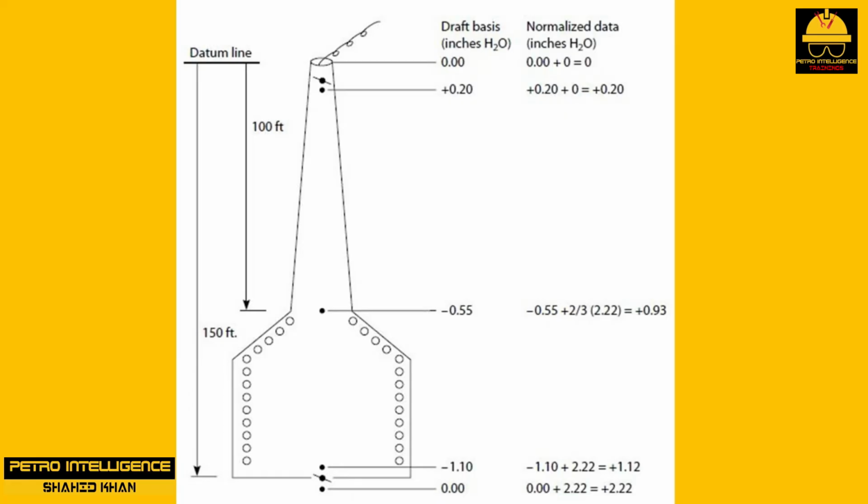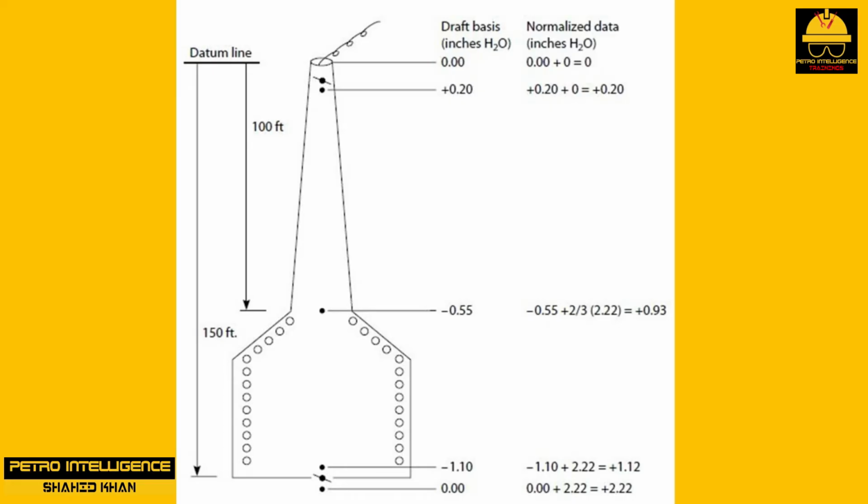Notice that the draft readings are made at different elevations. Each measurement is in reality a comparison between the densities of the gas both inside and outside the furnace at a given elevation. The temperature difference is the main reason for the difference in density inside and outside the furnace. The molecular weights of the furnace gases and of air are approximately the same.